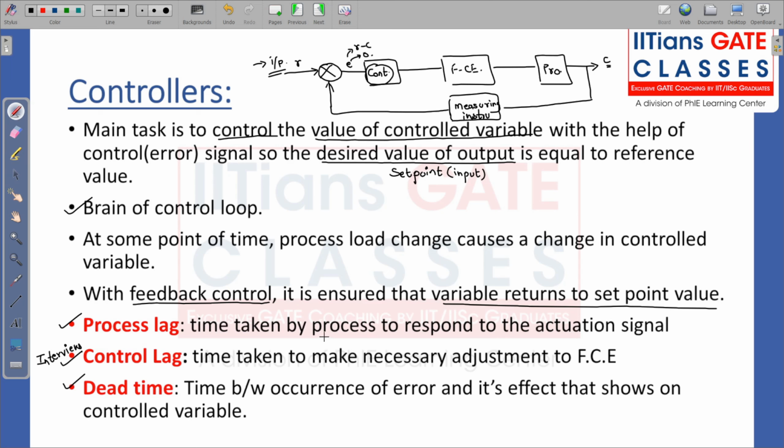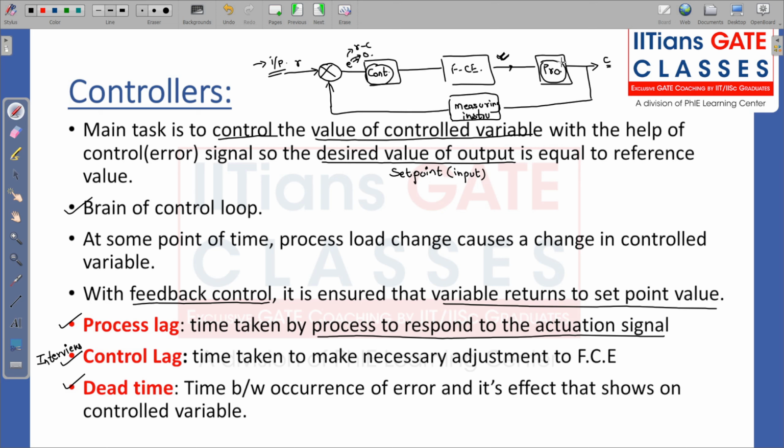That means whatever is the output of final control element, how does the process react to this final control element's output, so that once again my error slowly starts reducing. That is what is called your process lag. It means how much time is taken by the process to make corrective action after final control element has given its input to the process.